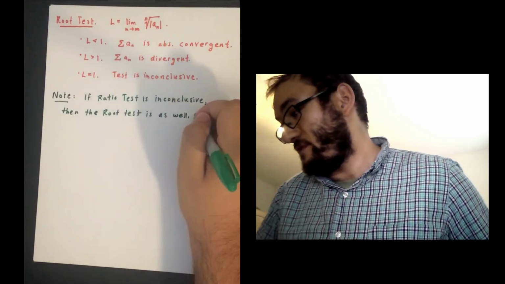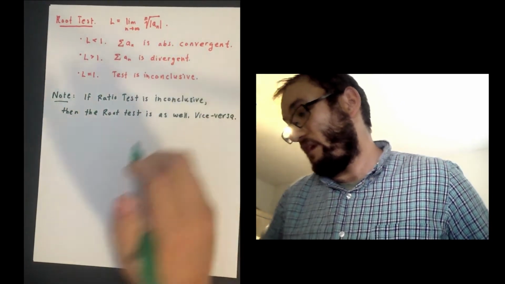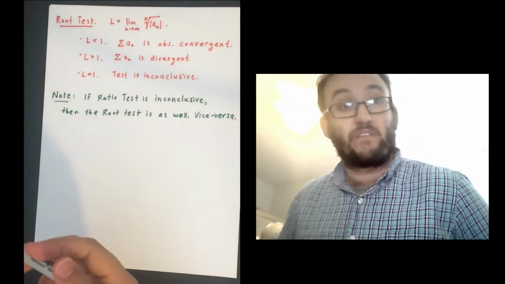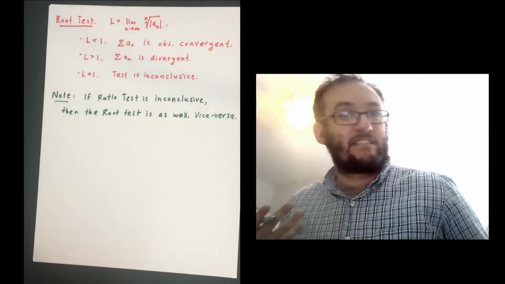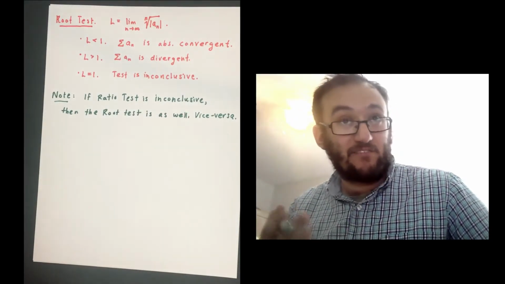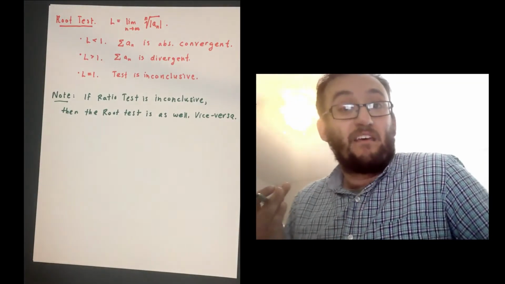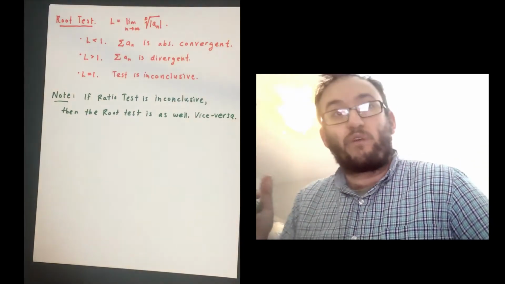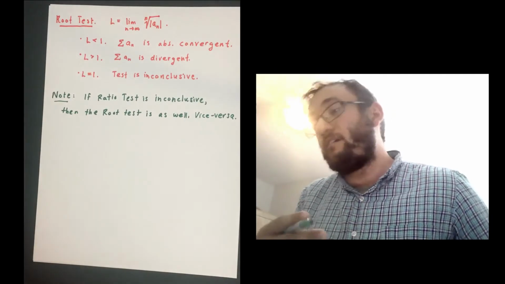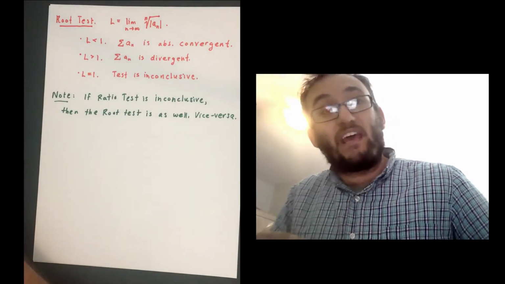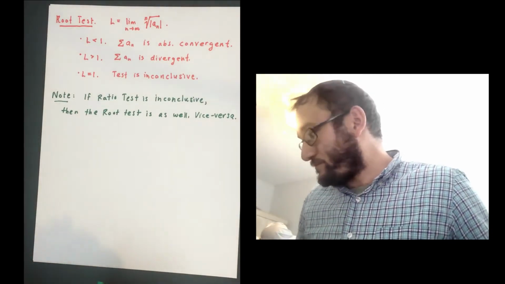And that's true vice versa. If the root test is inconclusive, then the ratio test will also be inconclusive. So you might ask, why would I want to have both tests if they're equally as effective? Well, the answer is that there are examples where one is easier to perform than the other. It's easier to compute a certain limit than it is to compute a different one, even if the limit is 1 in both cases.